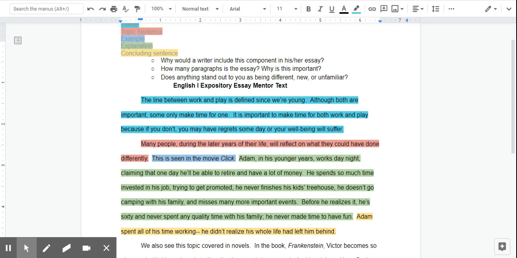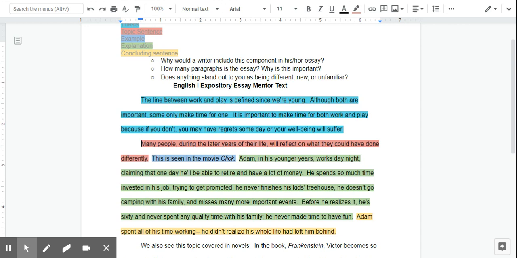Then we see that they follow the logical order for an expository paragraph, right? They connect their first sentence back to their thesis and the topic of the prompt, and then they give us an example, and then they explain how that example is an example of the topic, of the claim of their thesis statement.